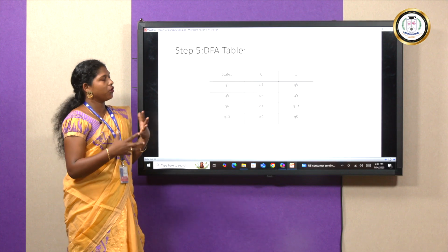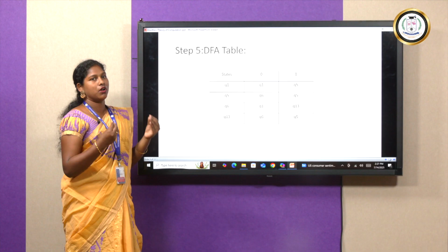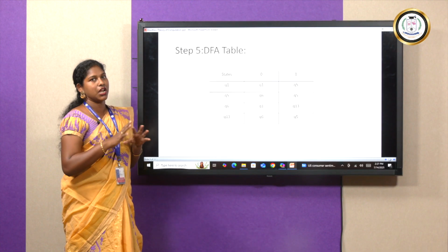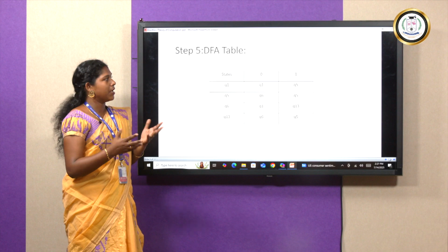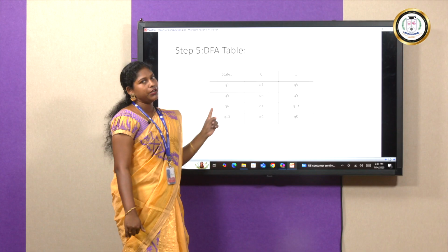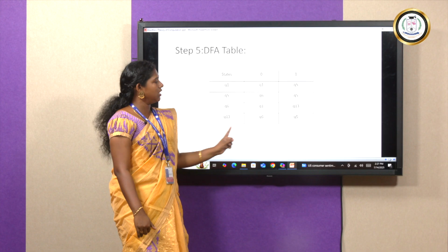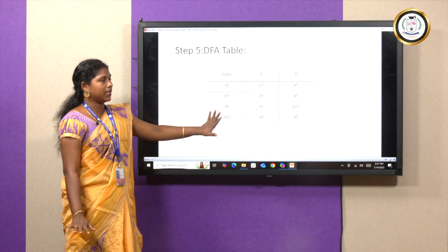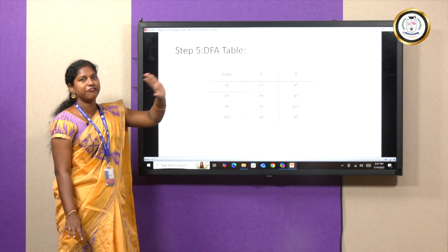You write all of these, mark the initial and final states, check the transitions and fill the table. From the table you take the initial state, check for the new state and write the new state row, until it is not repeated. I think this is clear. So finally you got the DFA table.